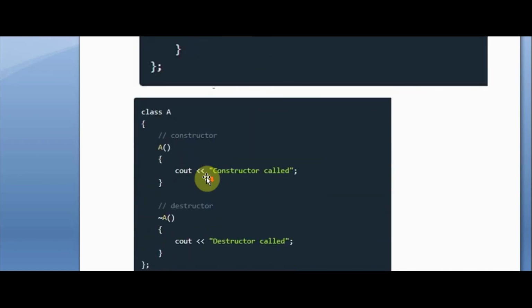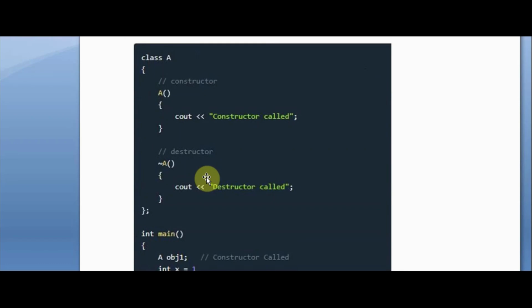Okay, so here now you can see the example of a destructor. We have a simple class A with a constructor and destructor. We will create an object of the class and see when the constructor is called and when the destructor gets called. This is where the constructor is called, and in this area you can see the destructor is called.